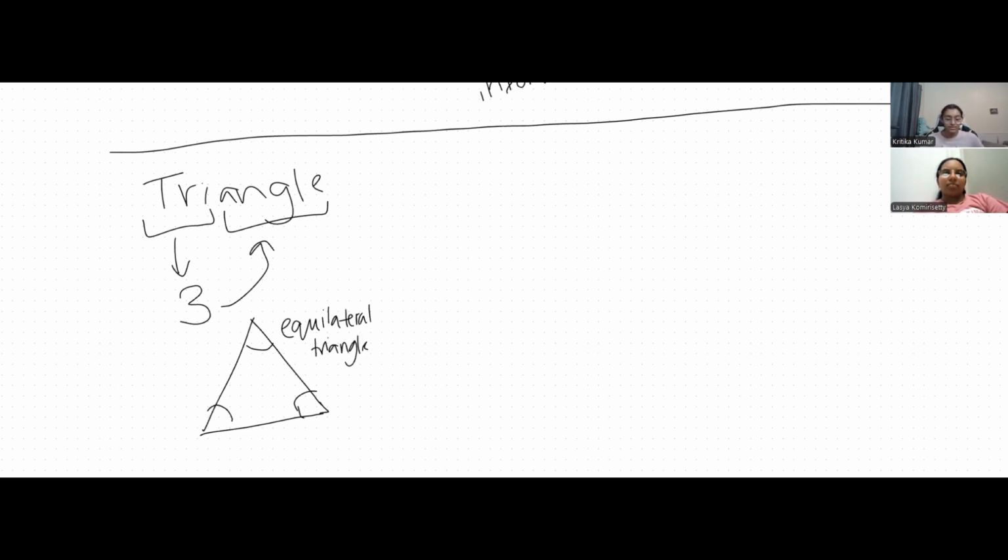Now, you're probably wondering, okay, well, all sides are equal, right? So, fun fact, since all sides are equal, in a triangle, all angles should add up to 180. So if this is angle 1, this is angle 2, and this is angle 3, angle 1 plus angle 2 plus angle 3 should all equal 180 degrees.